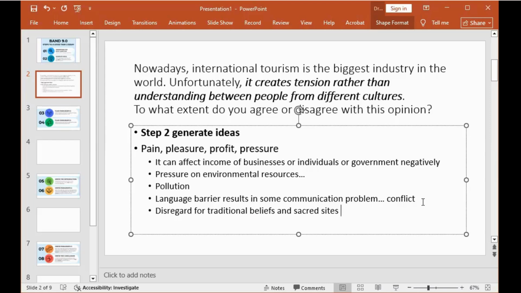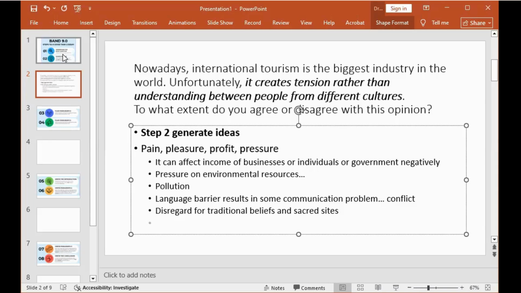For example, maybe there's a particular site in a country where people worship and do some traditional rites. But when the tourists come there, they start doing all sorts of things. That can cause conflict. So that's another thing we can look at. Like I said, it's not like we're going to write on everything. Just pick 2 or 3 of them.